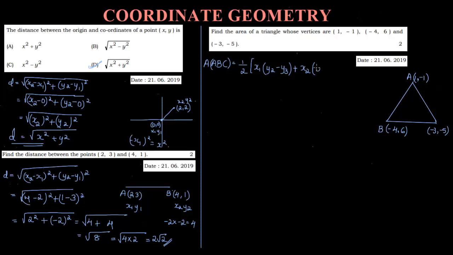So after x2, the subscript can be y3, right? y3 minus y1. The repetition of the same number. Then let me just write the third value of x, x3, and here y1 minus y2. Right? So let me just write it as x1 y1. Let it be x2 y2. Let it be x3 y3.